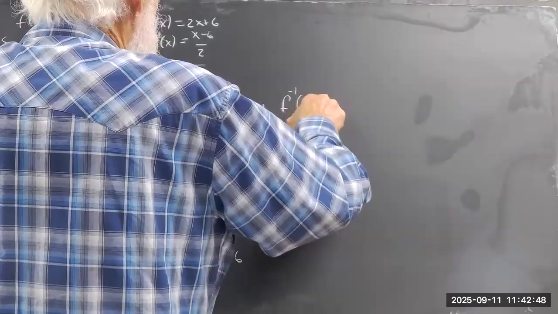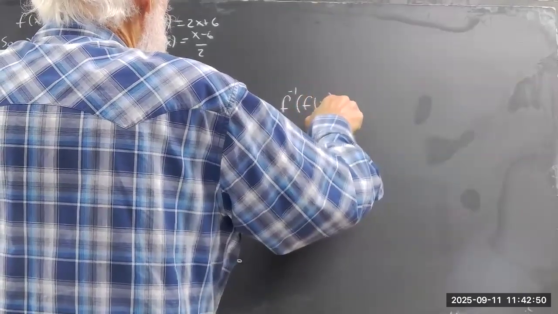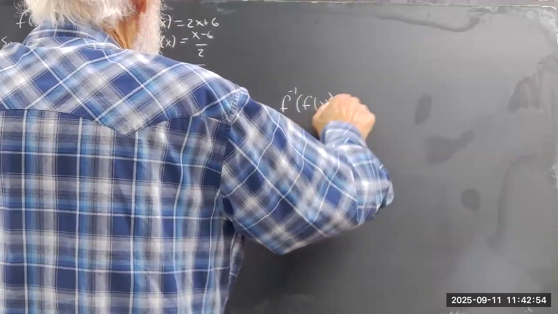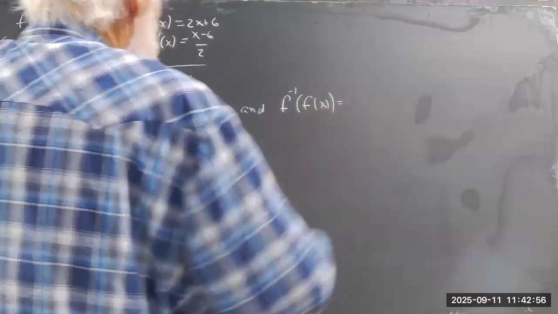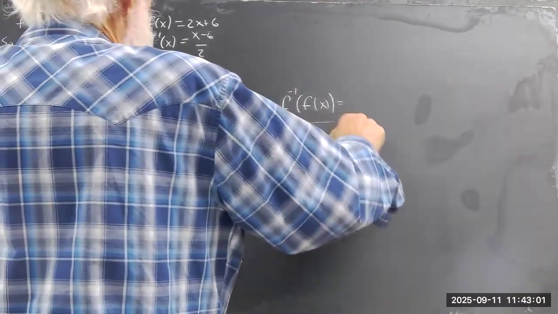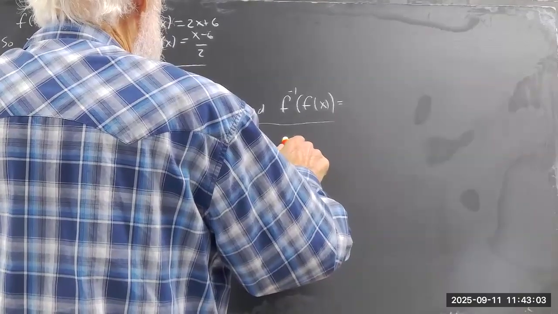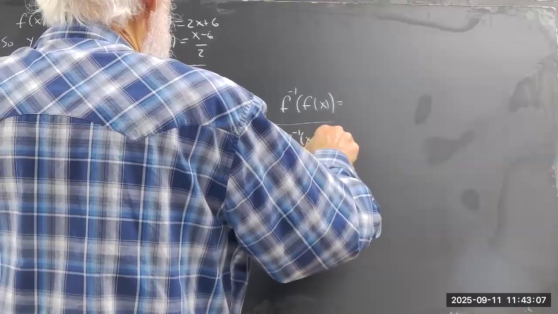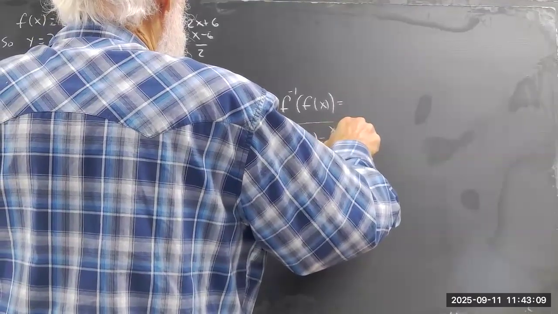Now we also have to do f inverse of f of x. So f inverse of x equals x minus 6 over 2.